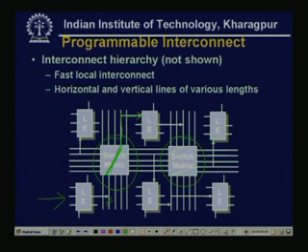Depending on this, this output is selected. This can be a multiplexer type of thing, again this line is selected. So, this is a switch box and this can be a direct output. Similarly, different types of other connections are available here.